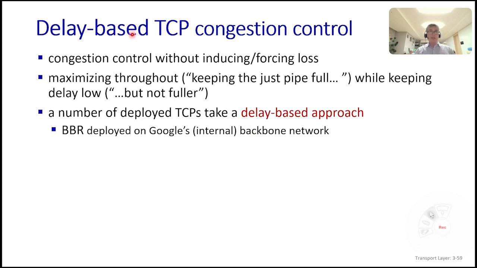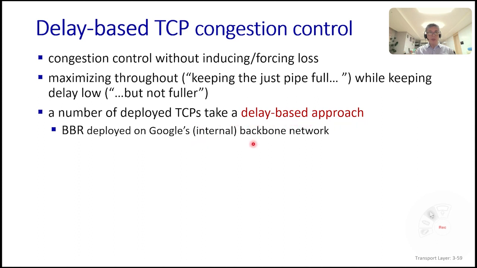So delay-based TCP congestion control is congestion control without inducing or forcing loss, so it doesn't cause duplicate ACKs. It maximizes throughput, keeping the pipe just full, not fuller than the capacity, while keeping delay low.